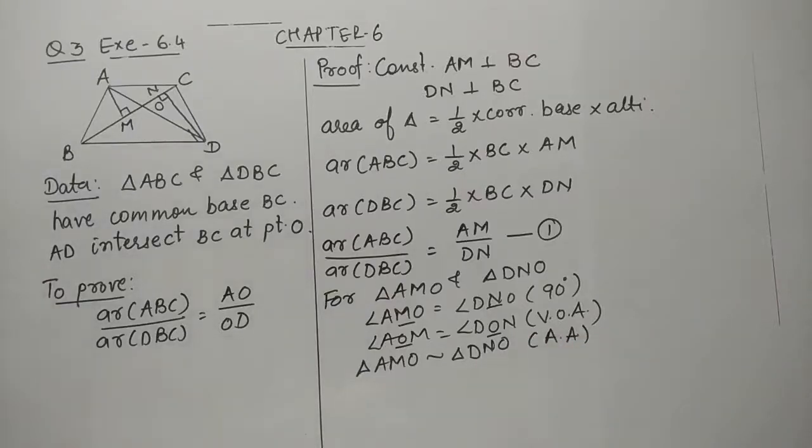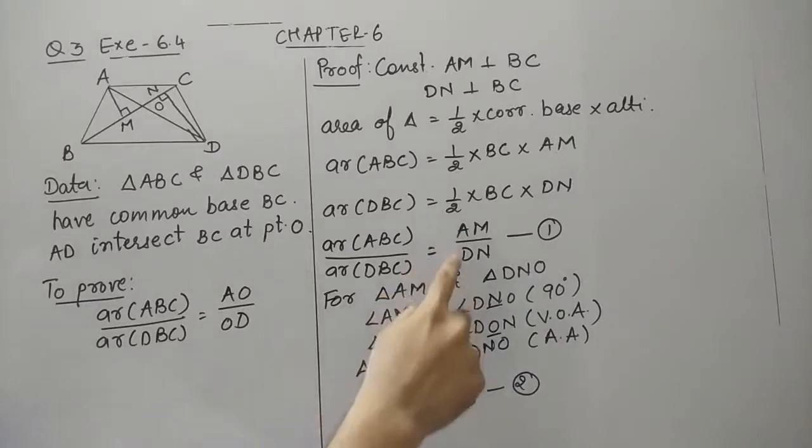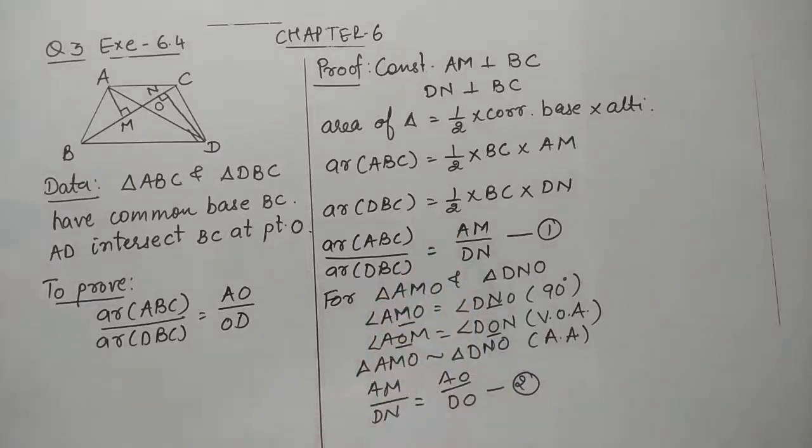When two triangles are similar, the corresponding sides are also in the same ratio. So AM upon DN is equal to AO upon DO. I'll give this as equation number 2. Now look at equations 1 and 2. Instead of AM upon DN, we can write AO upon DO.